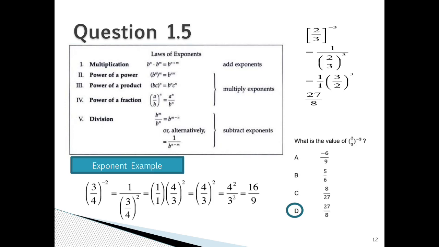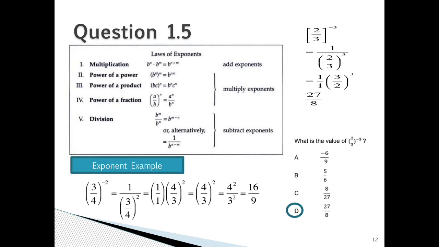When you're looking at division, for example, b to the power m divided by b to the power n, it's equal to b to the power m minus n, or alternatively, it's equal to 1 over b to the power n minus m. Here you subtract the exponents.